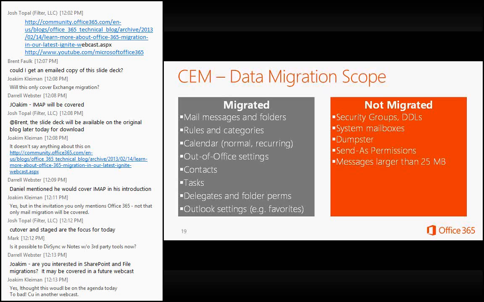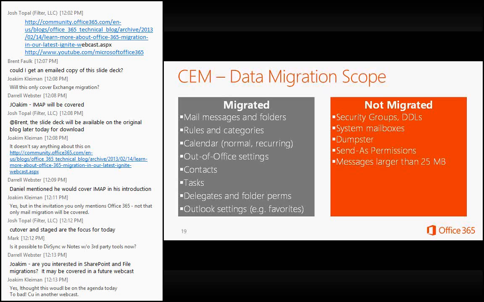From an email message item perspective, all delivery reports, any NDRs, any read or non-receipt items, any of the rules, any categories you've got in there, calendar items, all of your recurrences, any meeting request cancellations or responses, all of your out of office settings, things like tasks, notes, contacts, delegates, folder permissions, and any of your Outlook settings, so things like your folder favorites, would all be migrated as part of the cutover migration.